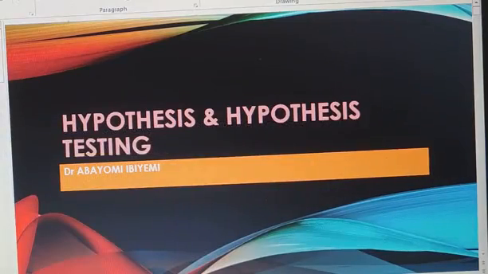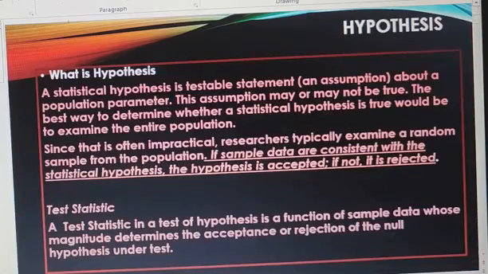Hypothesis testing. Test of significance. A statistical hypothesis is a testable statement, an assumption, about a population parameter. This assumption may or may not be true. The best way to determine whether a statistical hypothesis is true would be to examine the entire population.